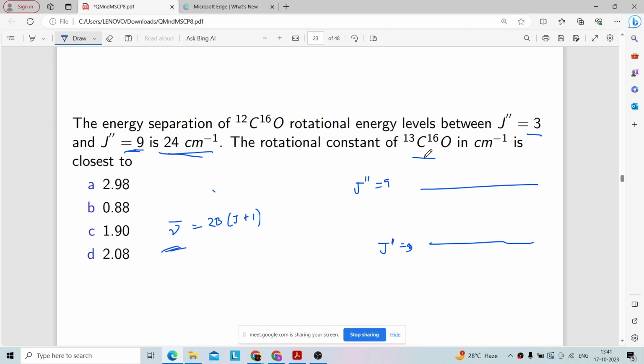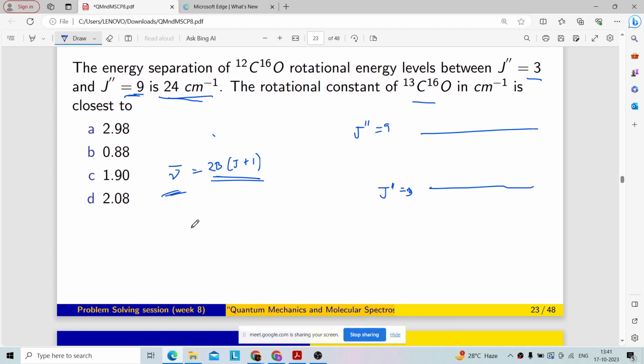The line separation, right? But this formula is valid for what? Adjacent lines, right? If it is J and this is J plus 1, then the line separation will be given by this. But in this case, it's 3 and here it's 9. So will this formula work?